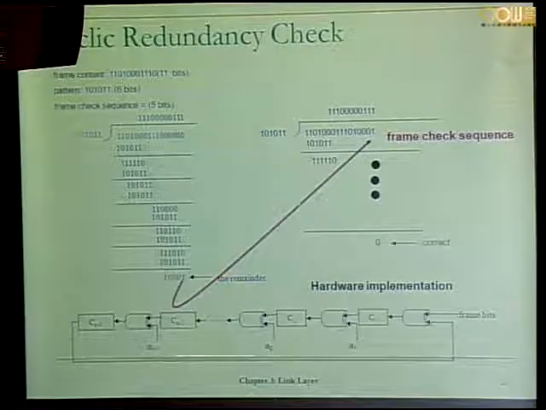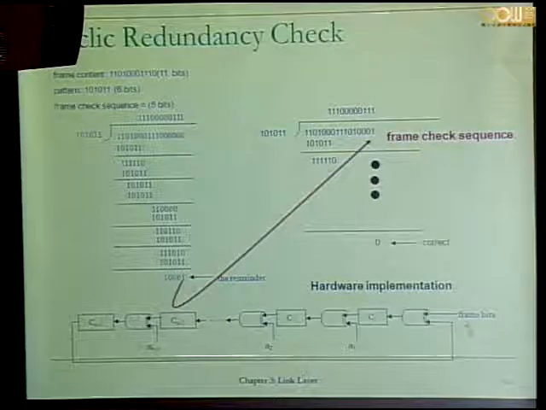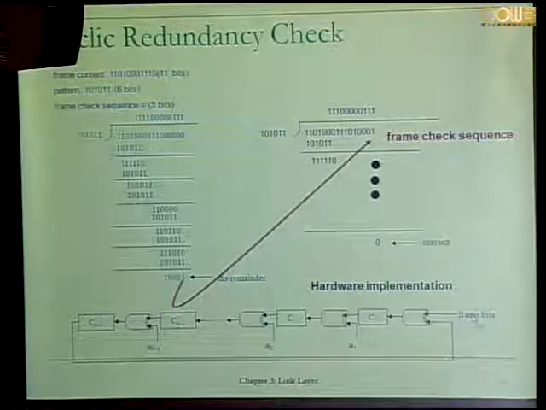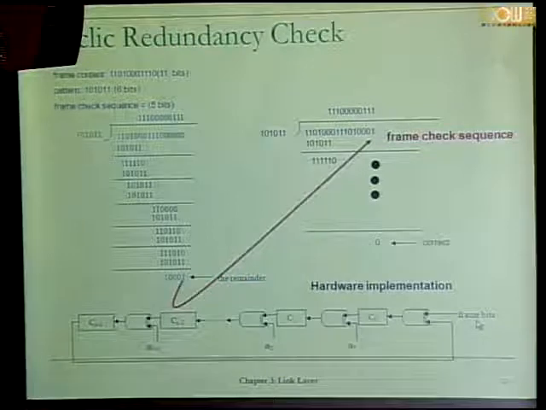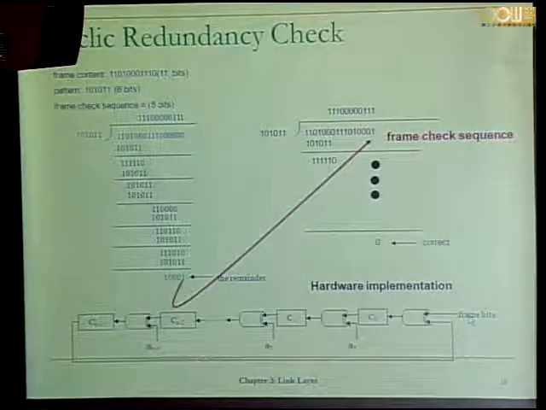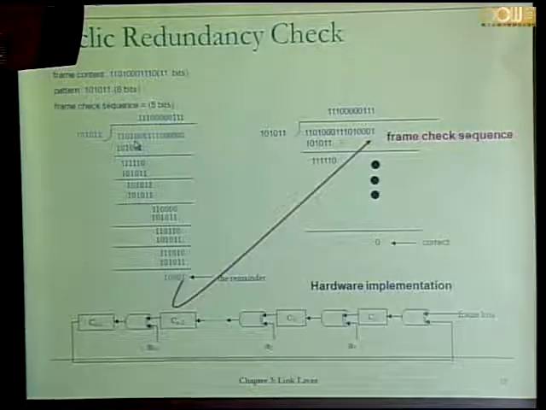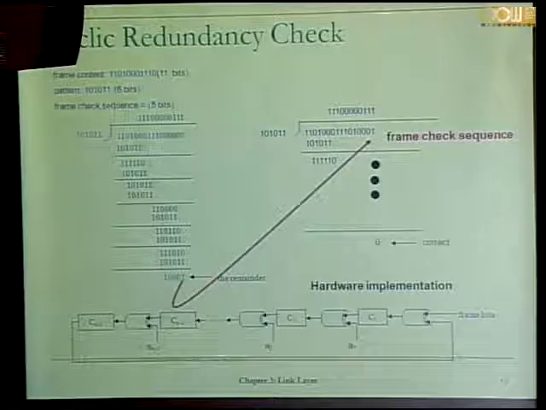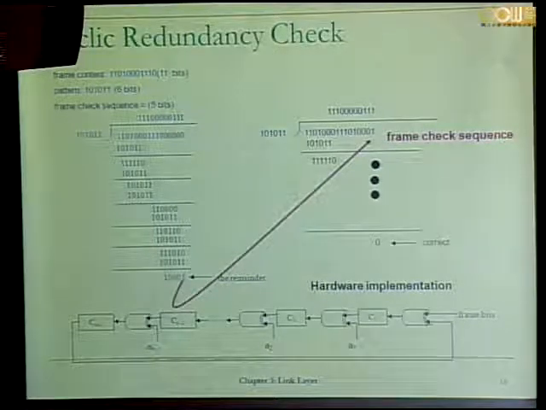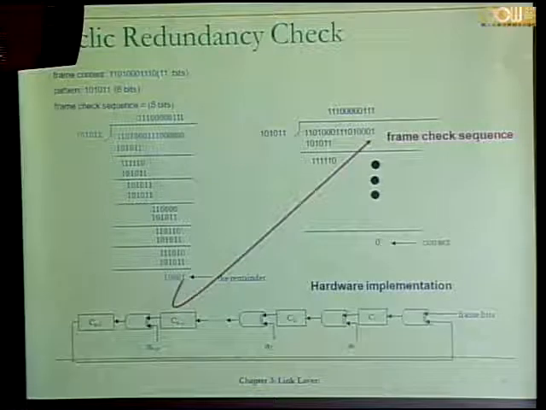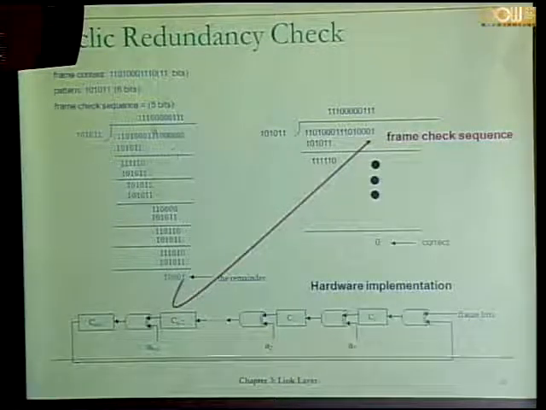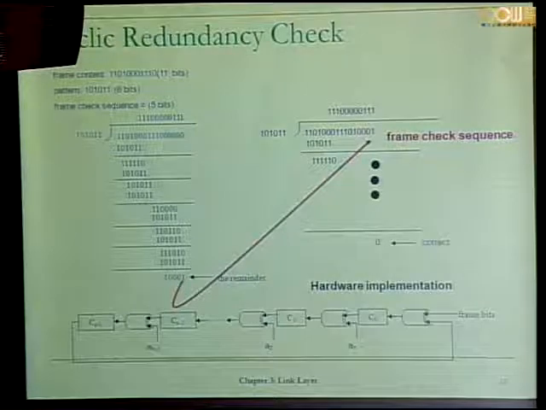If the input is 11 bits, then within just 11 clock times, you would generate the result. Oh, sorry, not 11 clock times. 11 minus 6, that should be 5. No, oh sorry, 11 clock times.